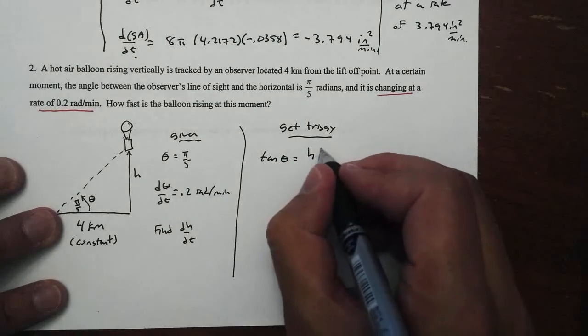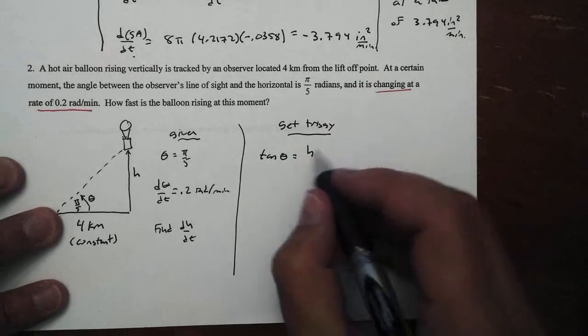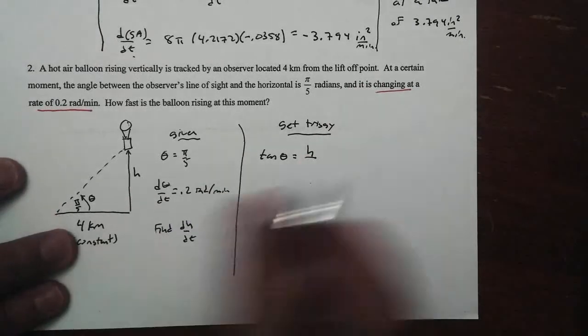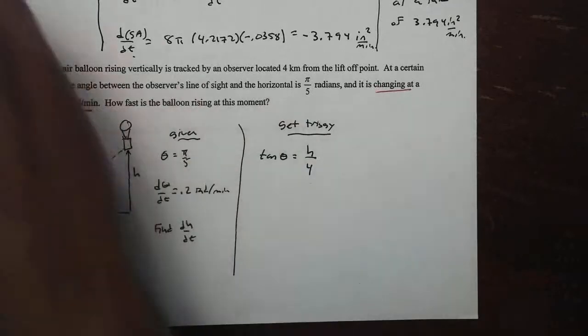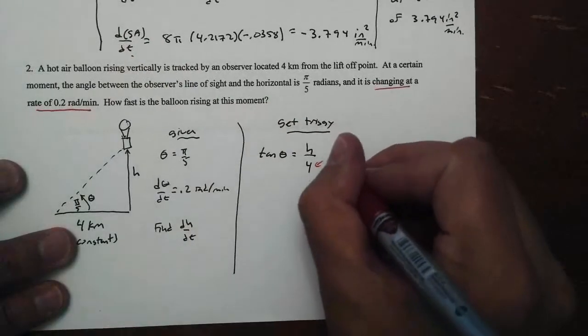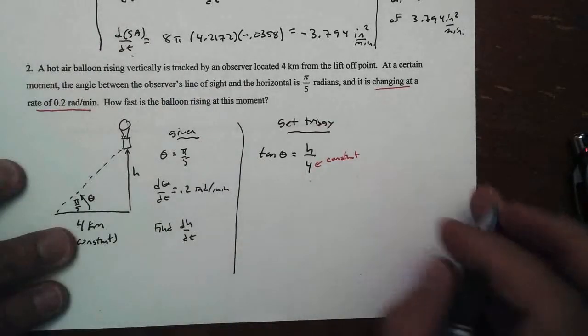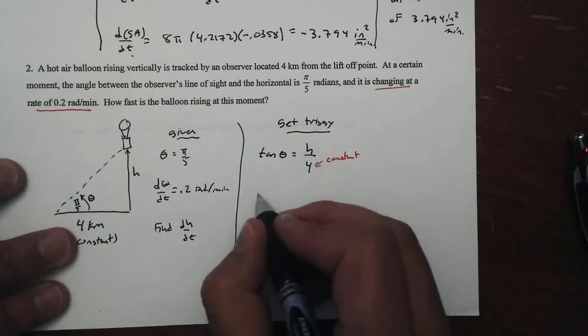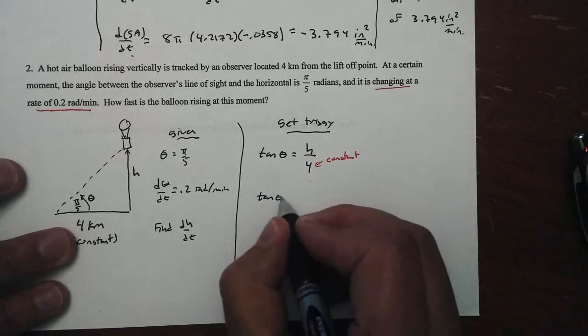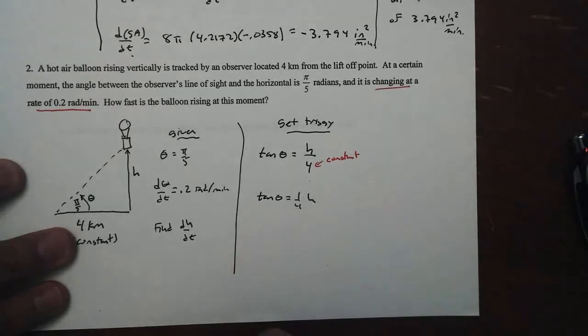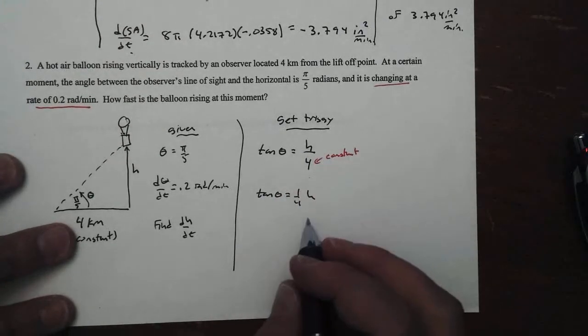That's a variable, this is changing, over my adjacent side, which is constant. I'm just going to leave that alone. And some people don't like h over 4, so we can rewrite that as 1 over 4 times h. Makes the derivative a little easier to take.